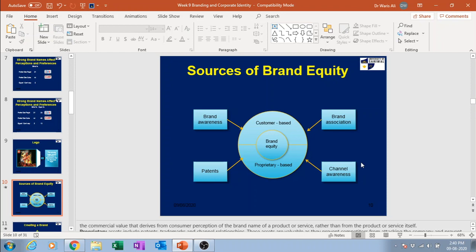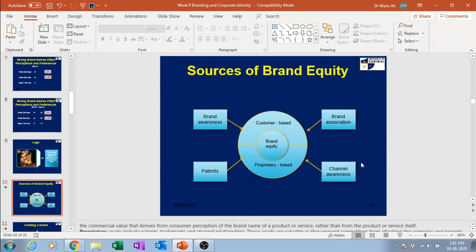So these lead to a proprietary base. If your brand is patented, people are associated with your brand, and a large number of people know your brand, it means it is adding value to your product. And that commercial value is called brand equity.